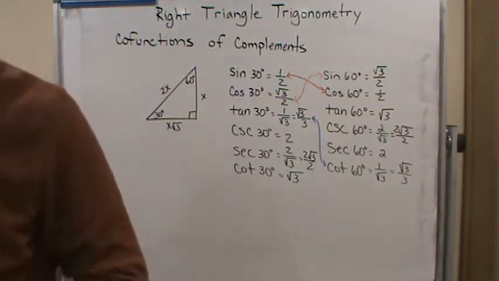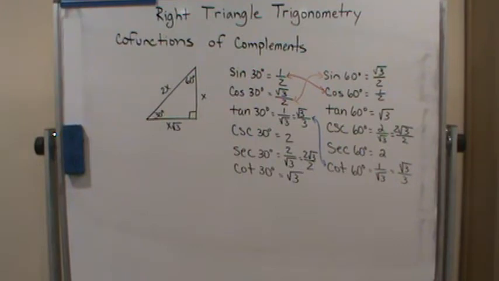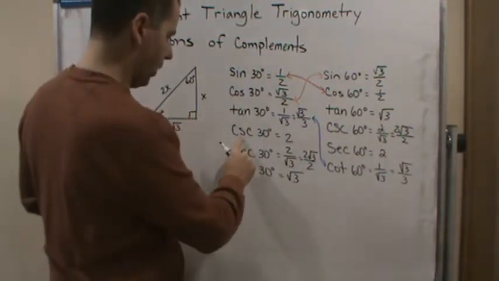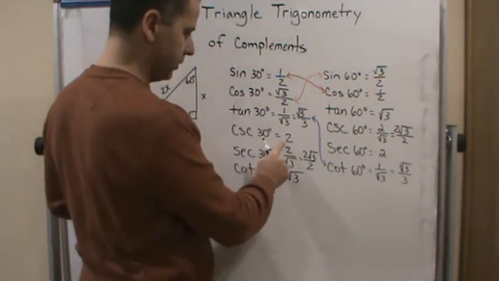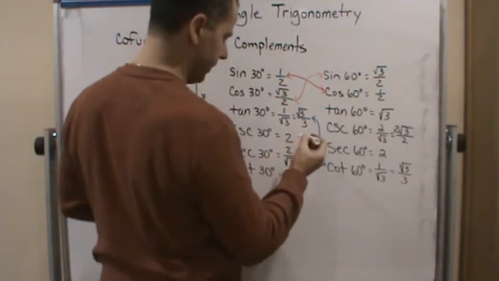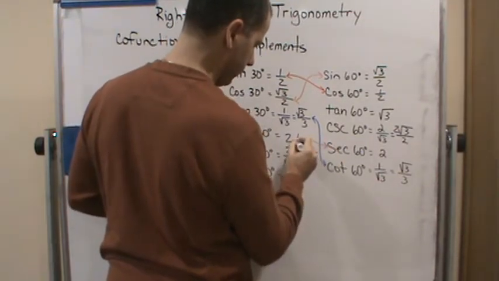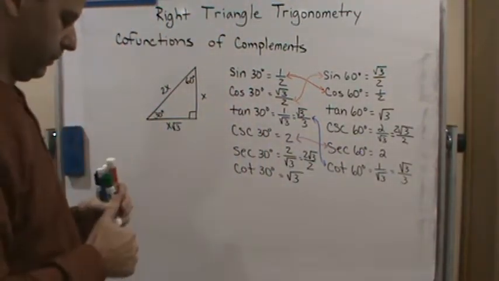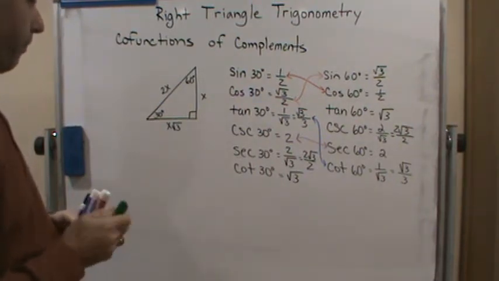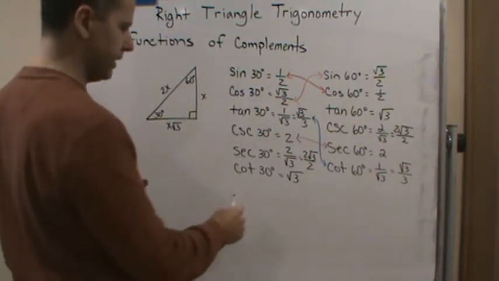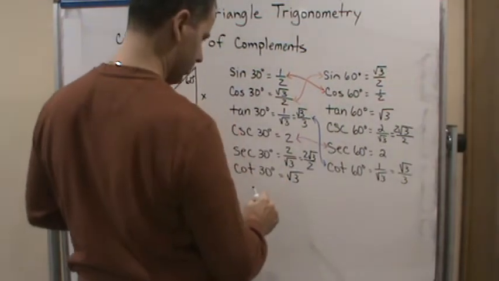Right? Cosecant 30 is equal to 2, but so is secant 60.